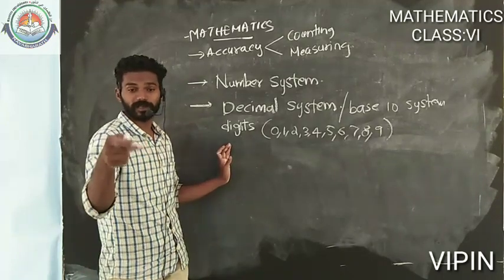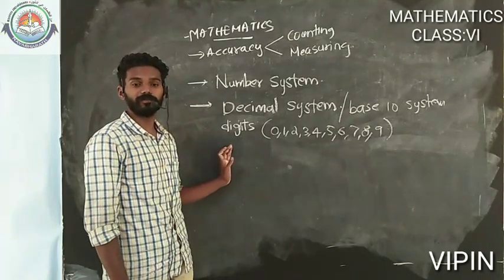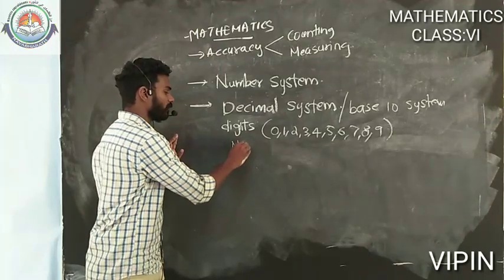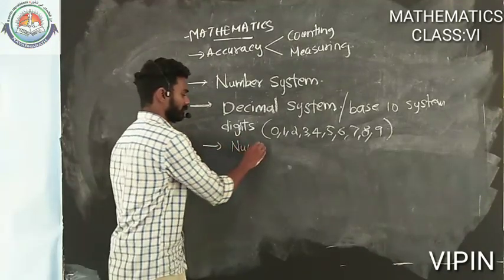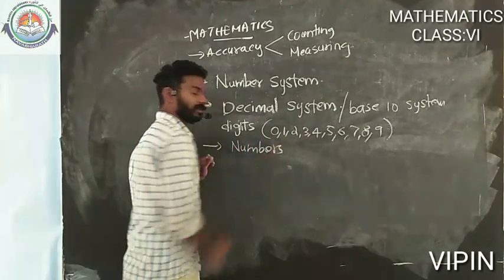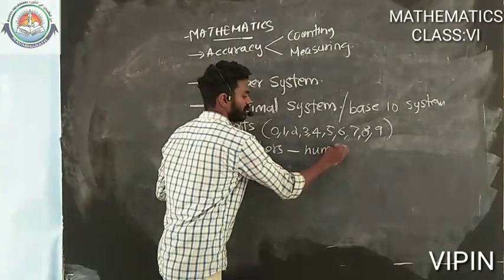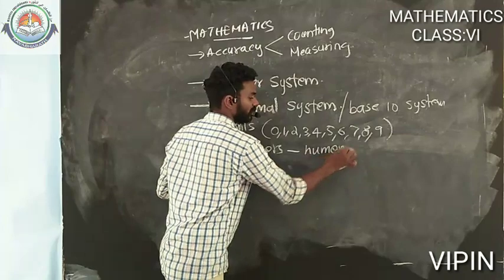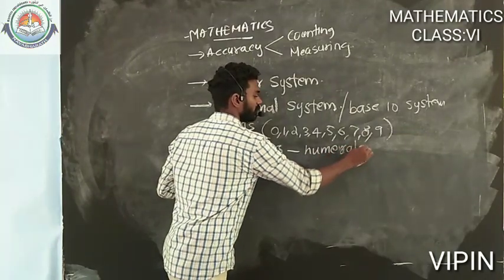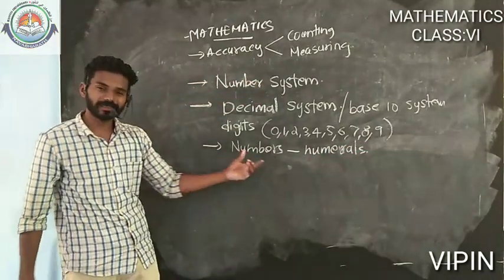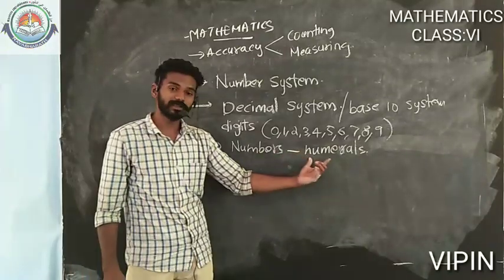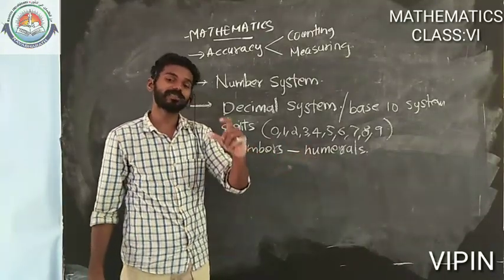So there are different types of numbers, and every number can be represented by symbols called numerals. So numbers are just the idea, whereas numerals are the symbols.